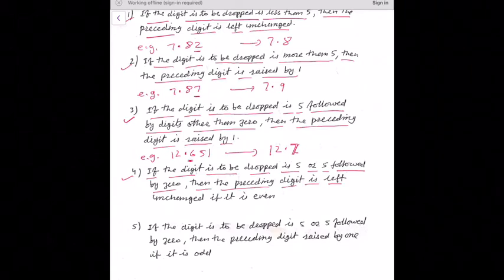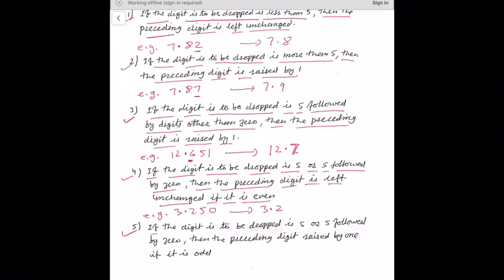Fourth, if the digit to be dropped is 5 or 5 followed by 0, then the preceding digit is left unchanged if it is even. For example, 3.250 becomes 3.2 on rounding off.